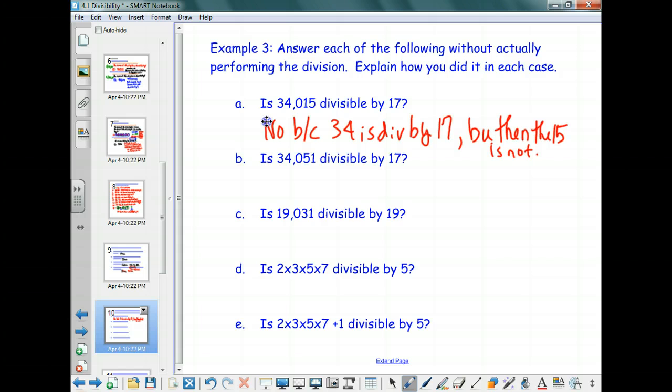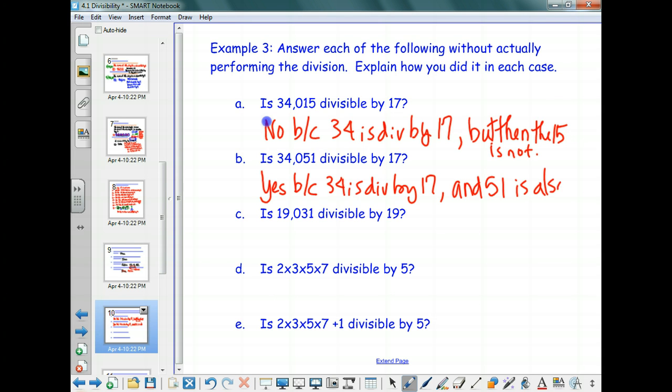Okay, part B. Is 34,051 divisible by 17? Yes. Why? Well, I just said 34 is divisible by 17. 51 remainder also is. 15 is also, isn't it?